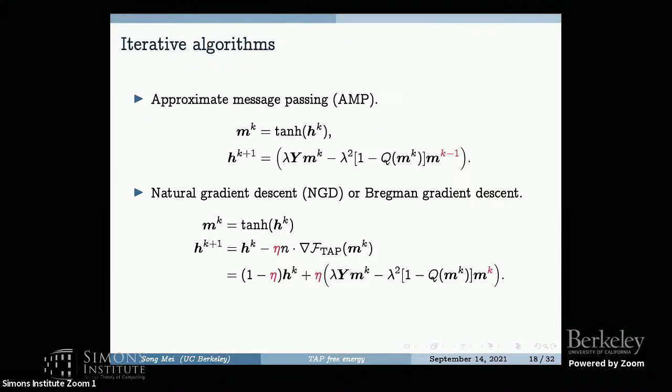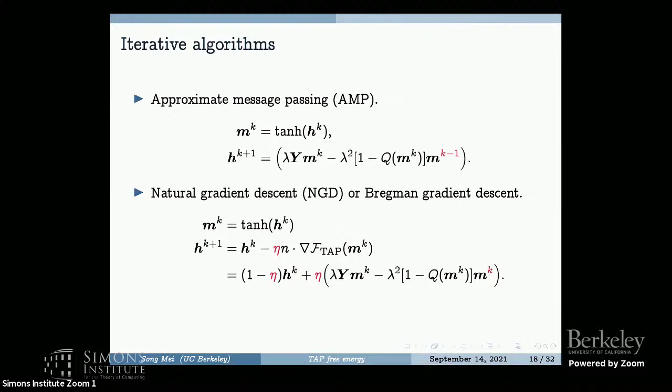But first let's look at the iterative algorithm. First is this AMP algorithm. You can write it in this form, and there is this natural gradient descent algorithm, which is gradient descent preconditioned by the feature information. People also call it the Bregman gradient descent or mirror descent. There are many names of this algorithm.